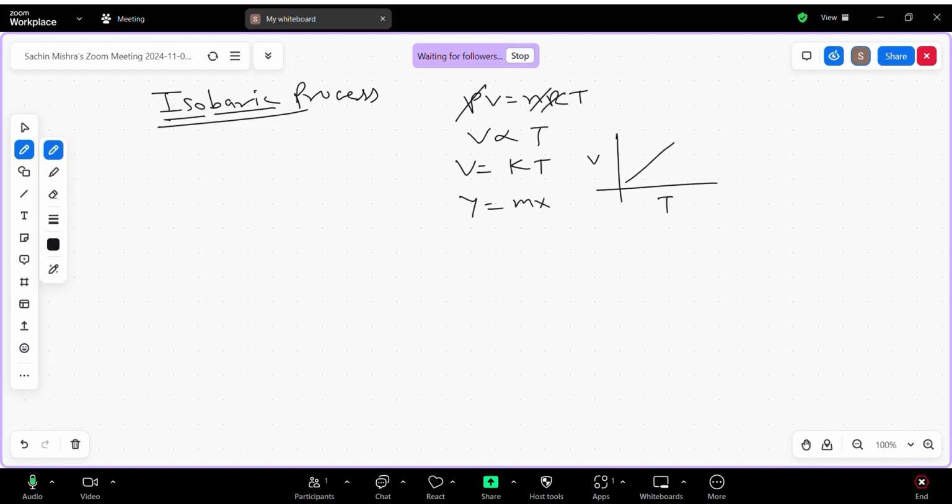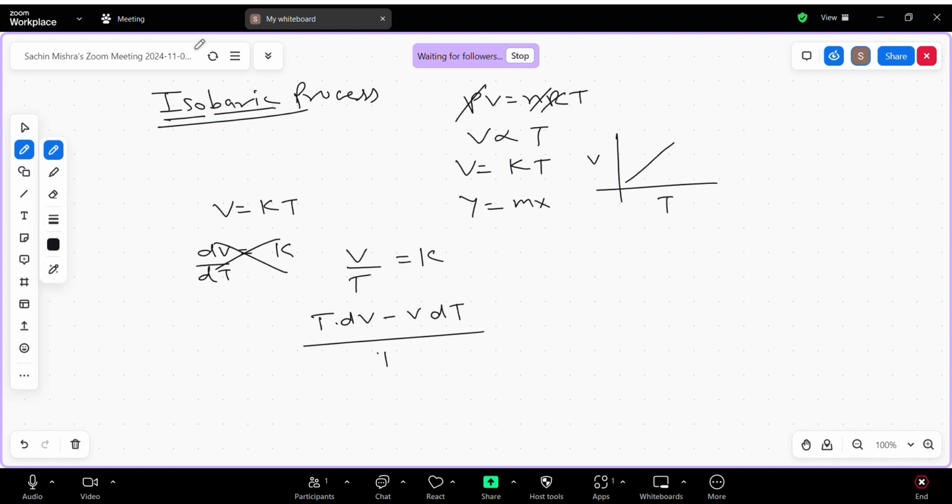In differential form, we can further write V equal to KT. Let's differentiate: dV by dT equal to K. We can write it like this: V by T equal to K. For A by B, the differentiation, as you have studied in mathematics, is T into dV minus V into dT upon T square, equal to the differentiation of a constant, which is 0.